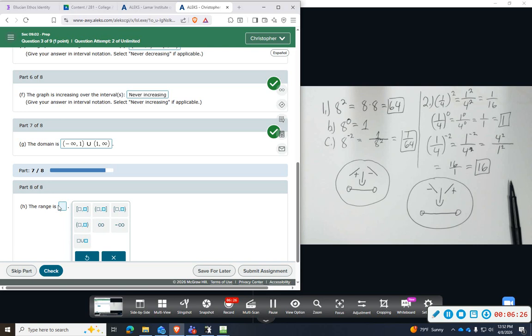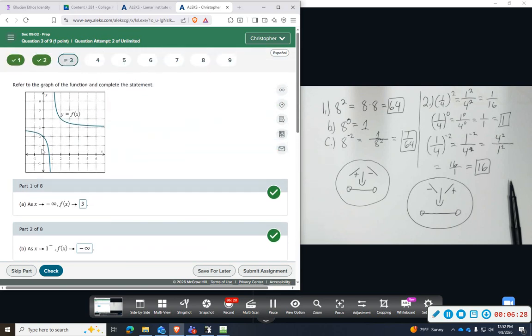And then the range, what y values do we cross over? Okay. So as I go sideways, it's hitting all the negative values, so from negative infinity and then going all the way up, except 3, we don't get 3. So negative infinity, this graph of the blue line is going to touch everything except for 3. And then we pop on the other side of 3 and it goes from 3 to positive infinity.